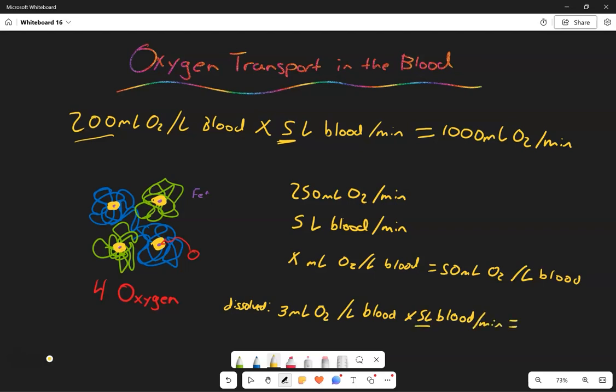Well, 5 liters of blood per minute times 3 milliliters per liter gives us 15 milliliters of oxygen per minute. So we have 15 milliliters of oxygen per minute, but our tissues are needing or using 250 milliliters of oxygen per minute. That's not enough, right?